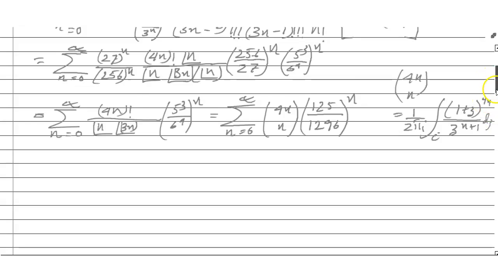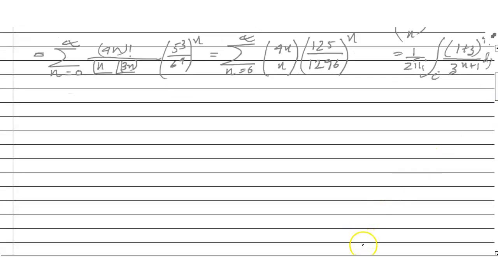So this is my Cauchy's residue theory. So I can write this equation this way: the summation from n equals 0 to infinity of (4n choose n).